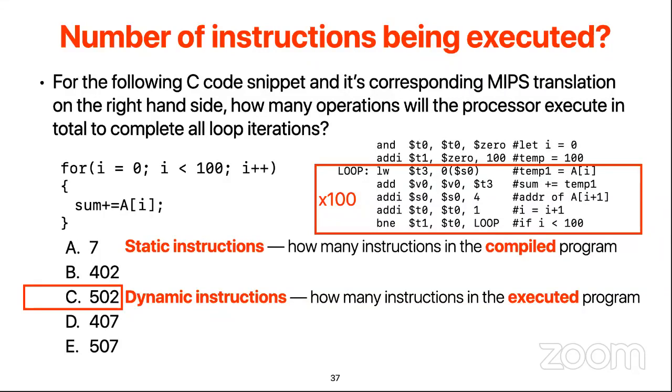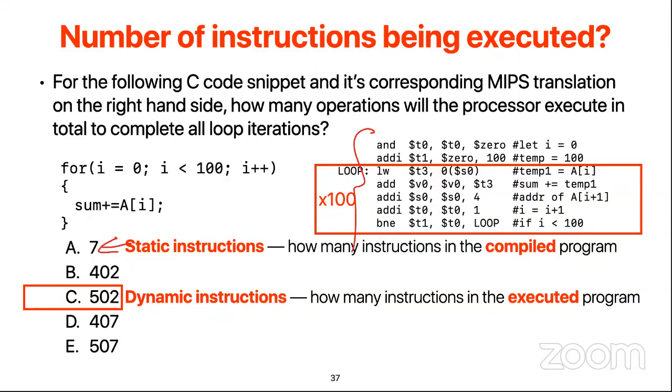When you put the compiled program in storage, and people ask how big your code is, they are asking how many static instructions you have in your resulting compiled program. So in that sense, the answer should be 7 because we have just 7 instructions.